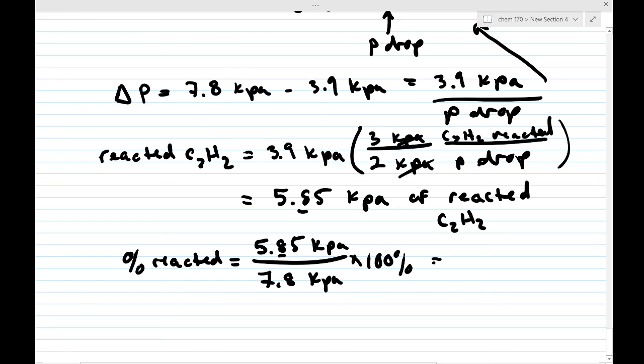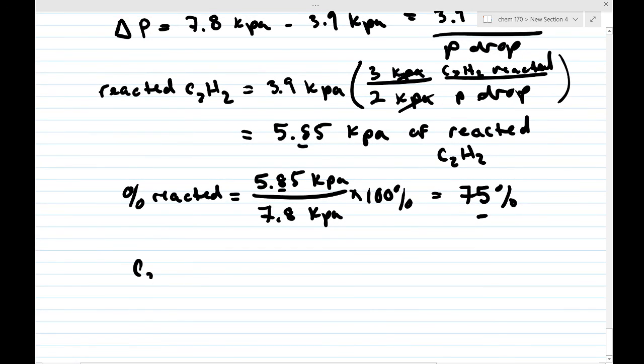This gives us 75% at 2 significant figures. So the amount of C2H2 reacted is 75%.